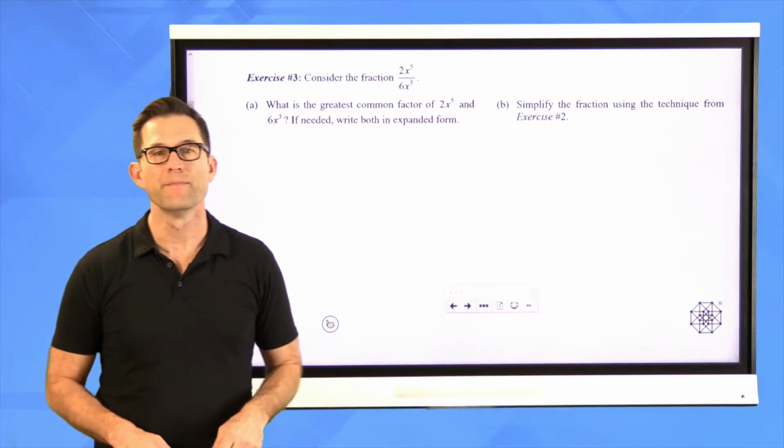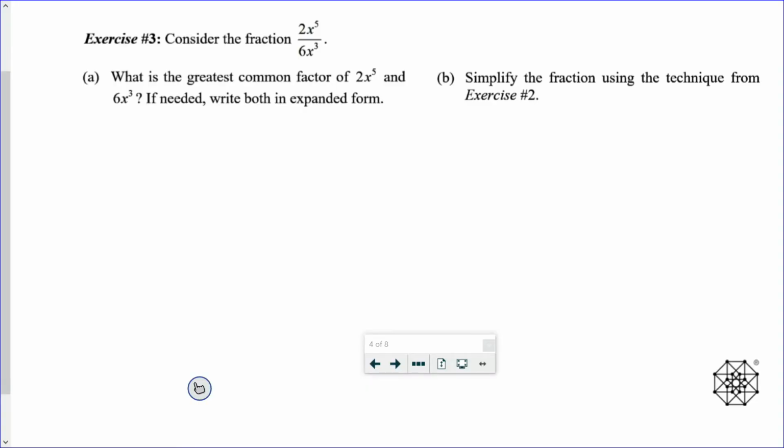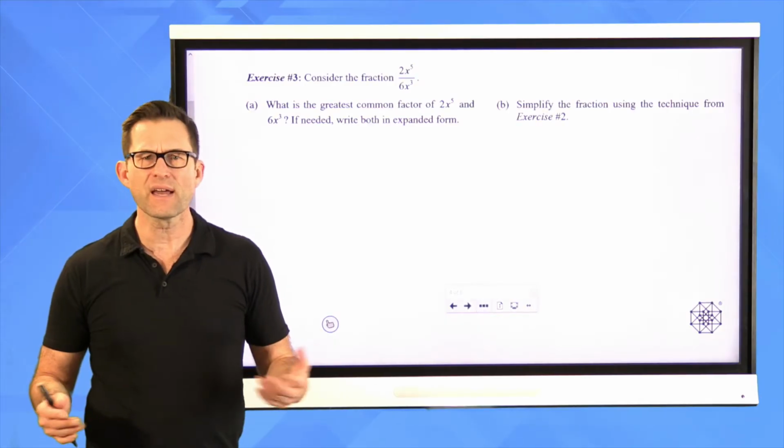Exercise number 3. Consider the fraction 2x to the 5th divided by 6x to the 3rd. Letter A. What is the greatest common factor of 2x to the 5th and 6x to the 3rd? If needed, write both in expanded form. All right, let's actually do this together.